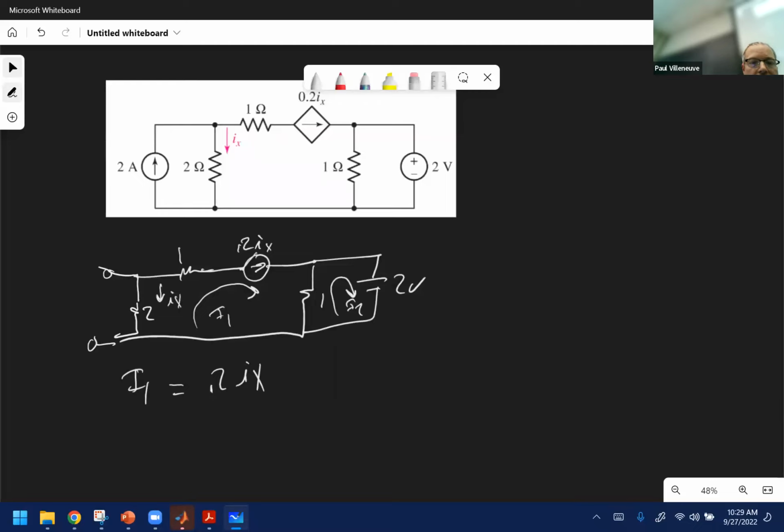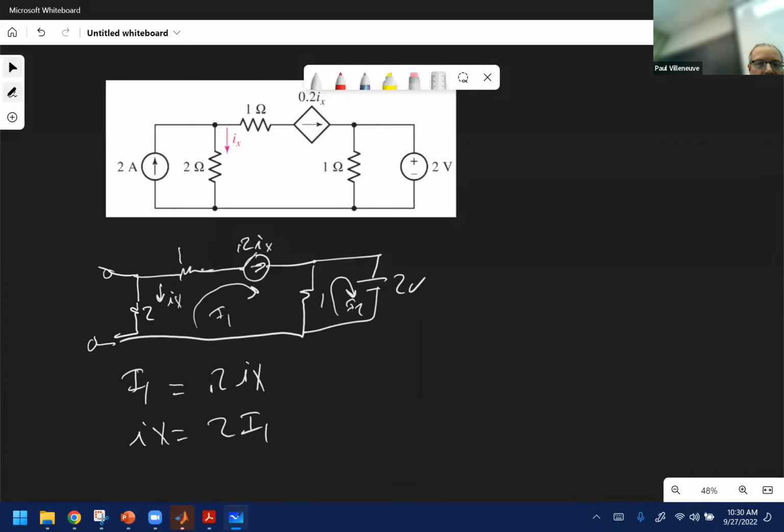And IX equals, let's see, is this going to work out for us? IX is going to be equal to 2 times I1. That's going to be impossible if I do it this way.